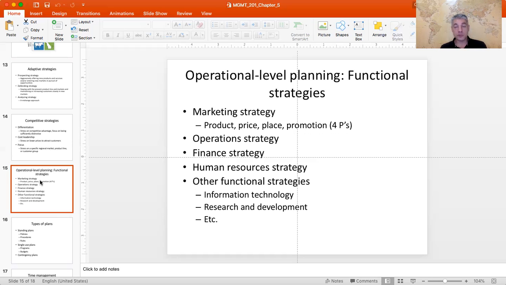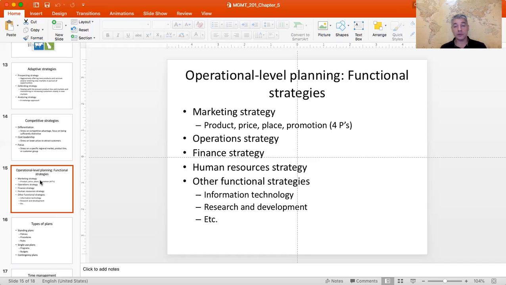Human resource strategy goes without saying, you understand what that is. IT technology, research and development. So basically any function that you have within an organization, be that primary function or support function, could be described with the help of a specific functional strategy. And there are two groups of functions within the firm, primary and support. I believe we may have touched on that previously.